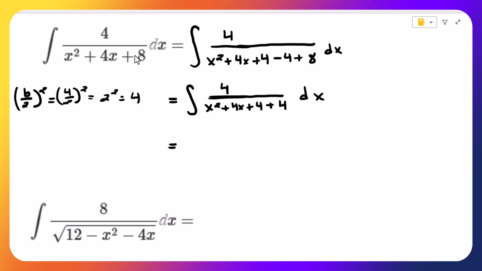And now what we can do is factor this specific part right here. X squared plus 4x plus 4 lets us factor this. This is a perfect square. It's x plus 2 squared. I'm not going to spend time teaching how to factor. We should know that. X plus 2 squared plus 4 dx.